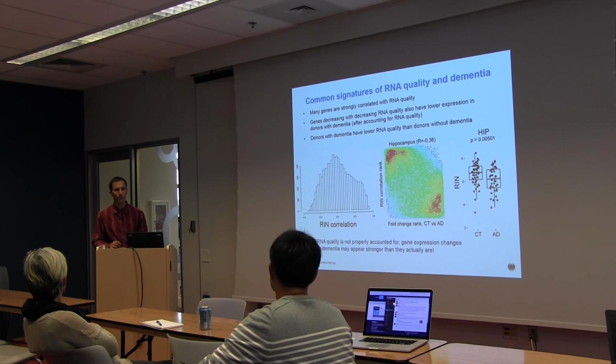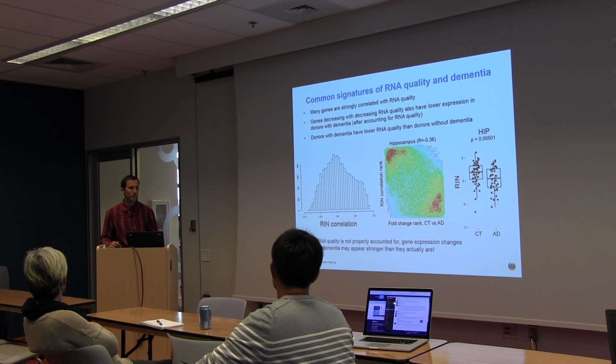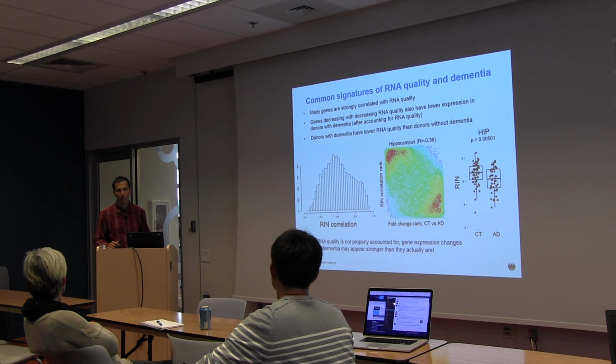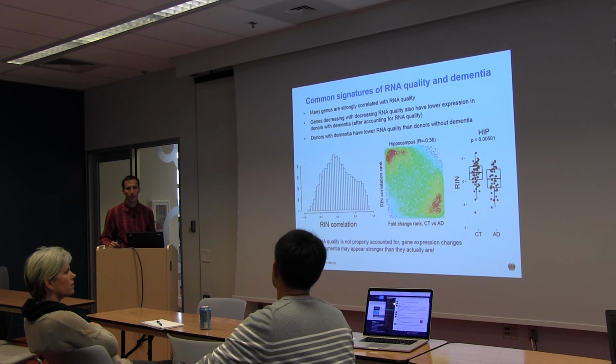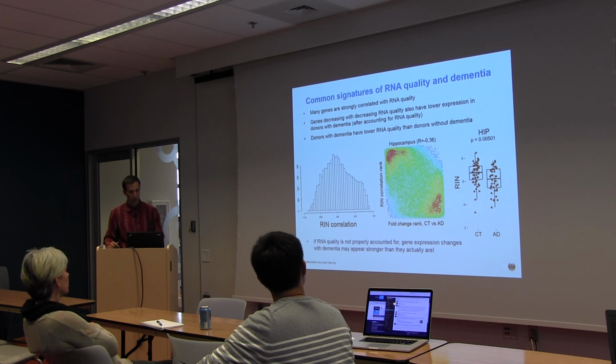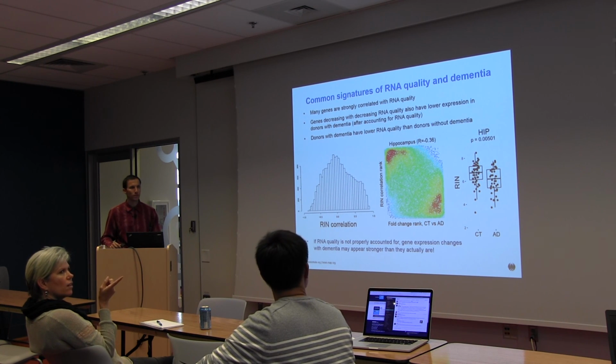It's a measurement of how degraded the RNA is. The agonal state, like what situation the patient is in prior to death, is a good indicator. A lot of it's just not really well understood. But we have a measure for it that's very reliable for whatever the reason is.